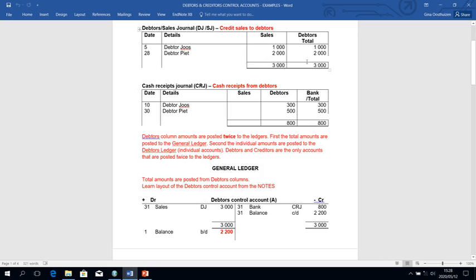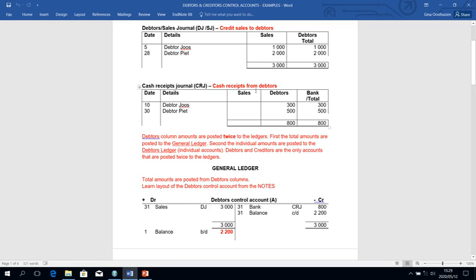In this journal, we sold goods to the debtors on credit, so basically they owe us more. So it's recorded on the debit side in the debtors control account. It comes from the DJ, and that is the description, the other account involved.